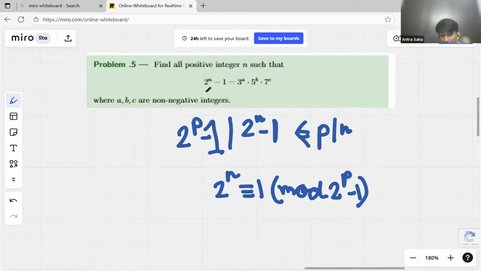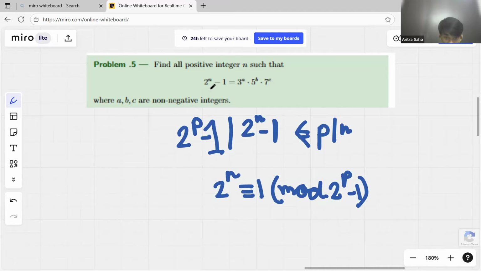So you have any prime that divides 2 to the power p minus 1 is greater than p. Okay, can we say p greater than 7 cannot divide n? If we can do some induction stuff, right? Exactly.